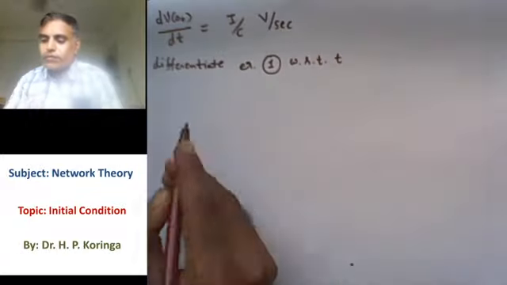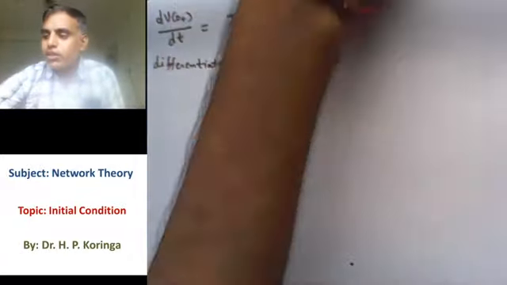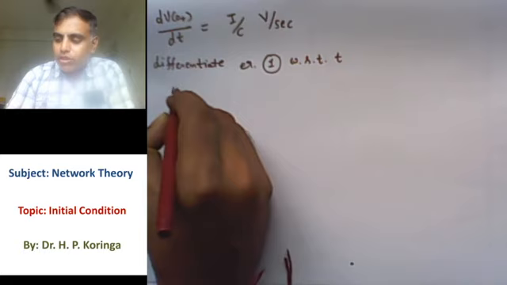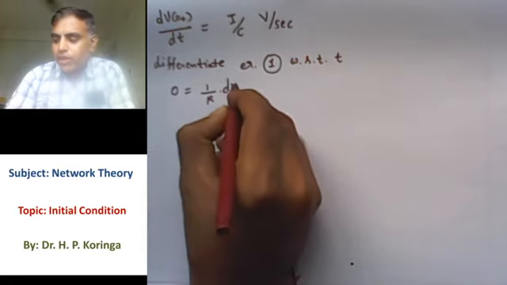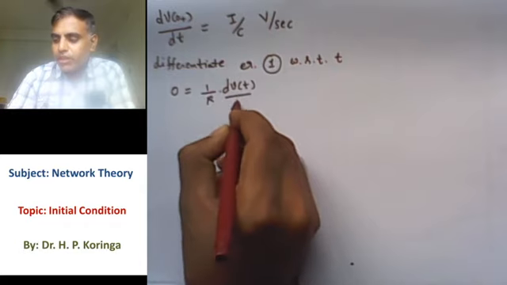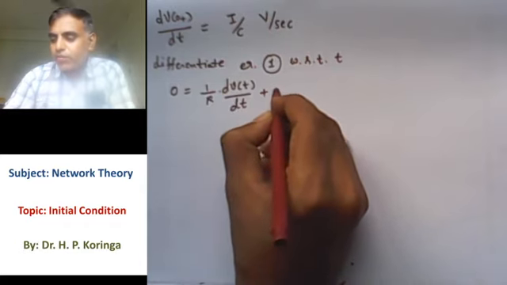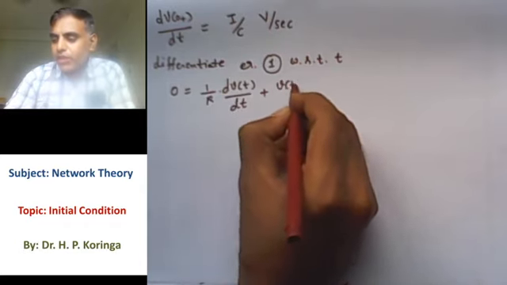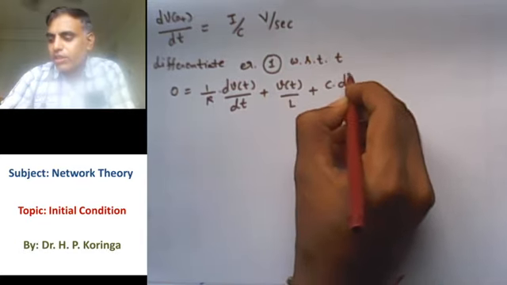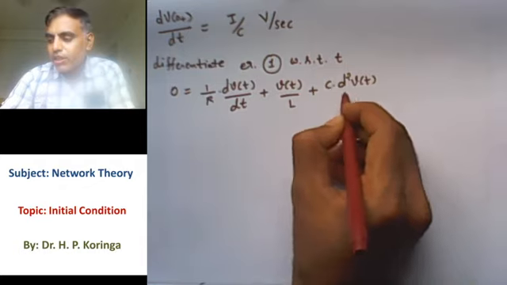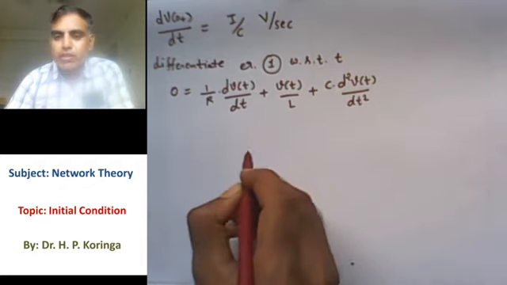So here we get 0 equal to 1 upon R dV of t divided by dt, plus V of t divided by L, plus C d square V of t divided by dt square.